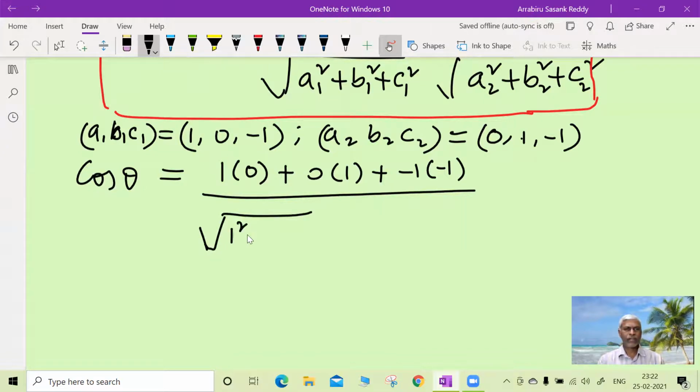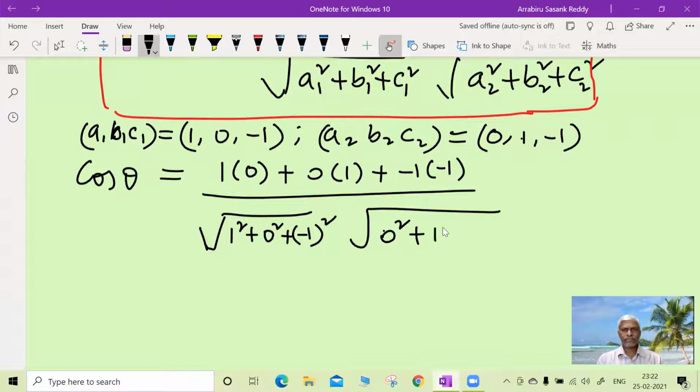Under root: 1 square, 0 square, minus 1 square, and 0 square, 1 square, minus 1 square.